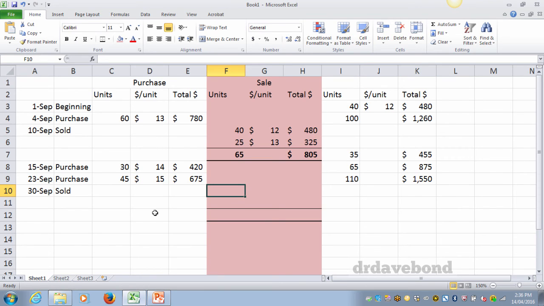We have a sale of 50 units, which will get rid of all of these guys and half of those guys. So we get rid of 35 and 15. 35 come from this bracket, and 15 come from that bracket.